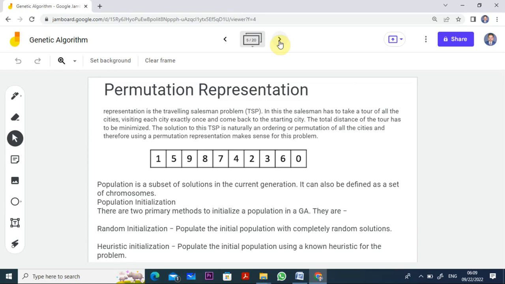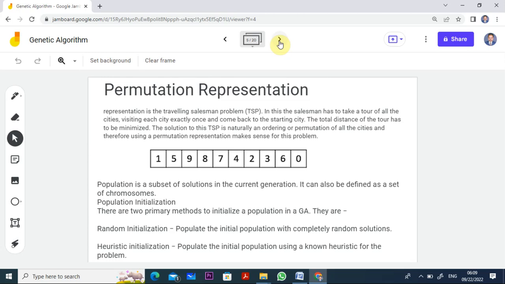Is it clear? Here, a population is a subset of the solutions in the current generation, and it can also be defined as a set of chromosomes. So you can see it is just like a chromosome, I am writing it here. Then how do we go for the population initialization? There are 2 primary methods to initialize a population in the genetic algorithm: one is random initialization, the second is heuristic initialization. Random initialization, you can clearly understand, populates the initial population with completely random solutions, anywhere, randomly.